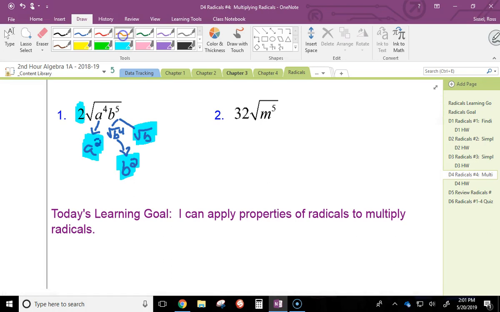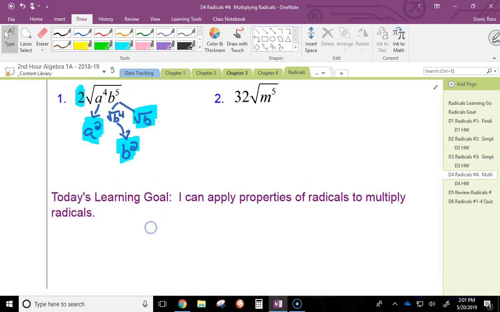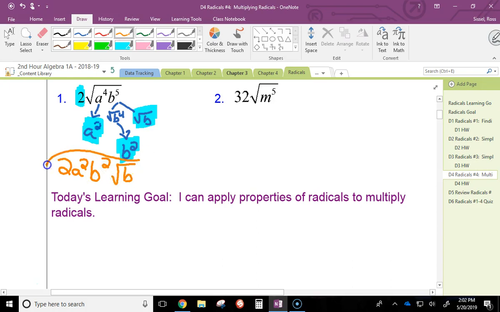I'm now going to go ahead and combine all my terms. 2 times a squared b squared times the square root of b. That's my final answer.